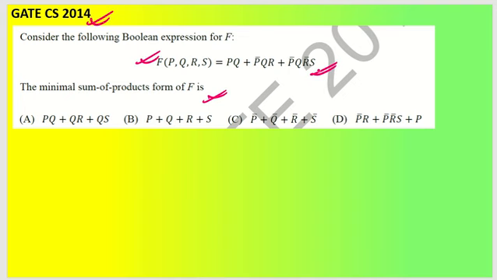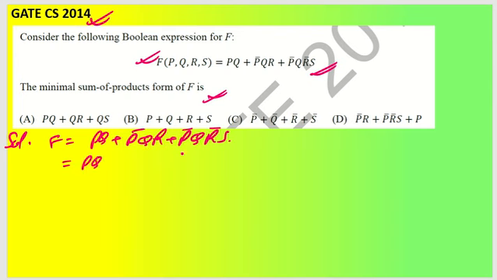So let us do a very simple method. My function is PQ plus P bar QR plus P bar Q R bar S, right? This can also be written as, can we do one thing, P bar Q we can take common from here, so I can take it as PQ plus P bar Q into R plus R bar S, right?